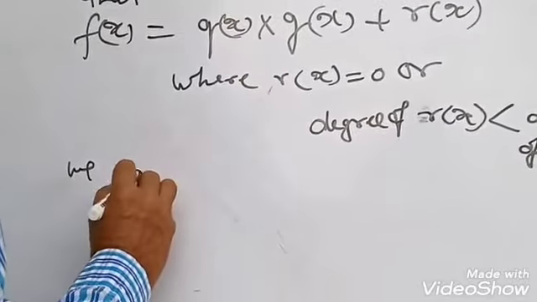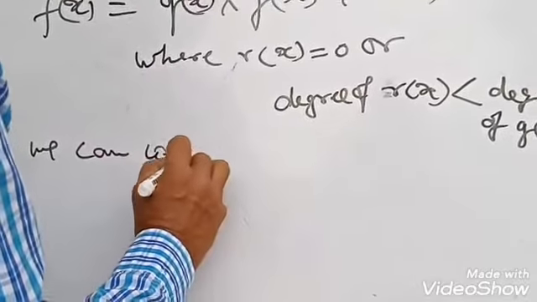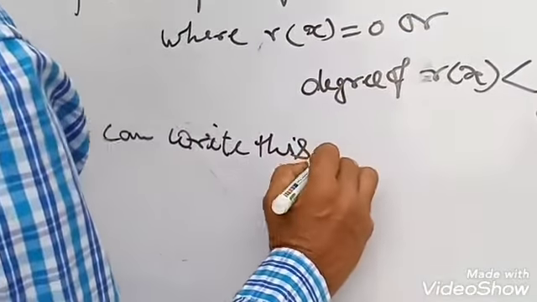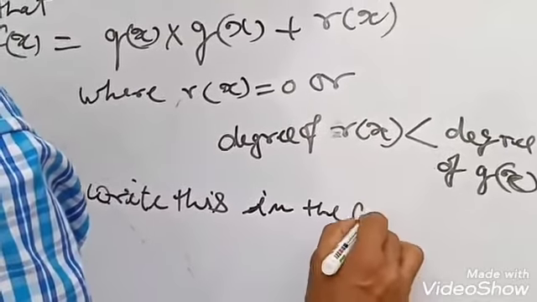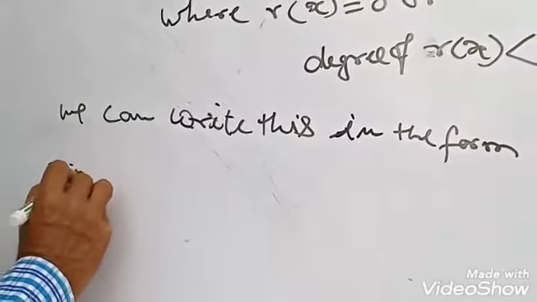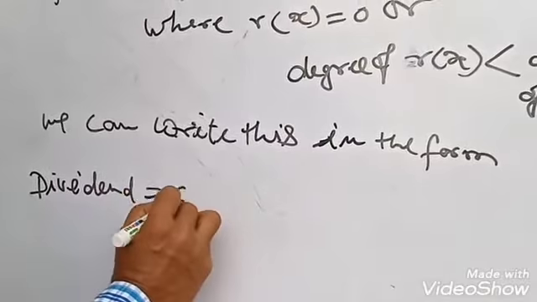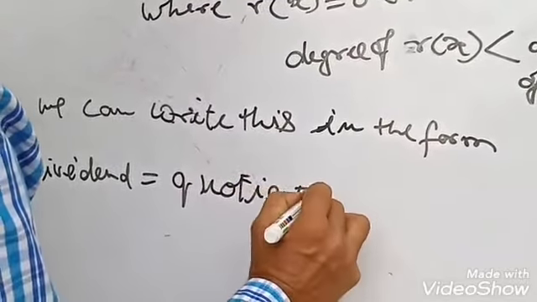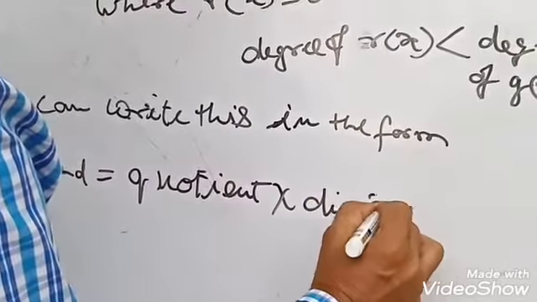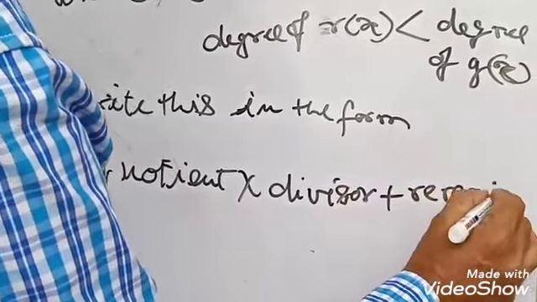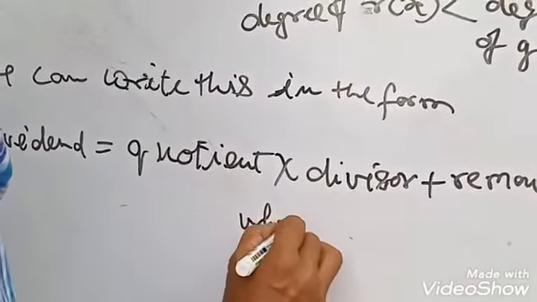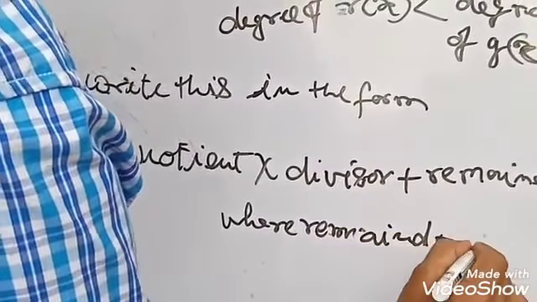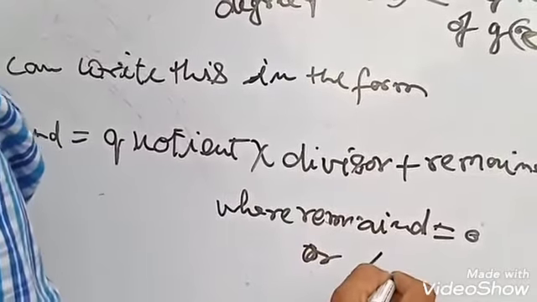We can write this in the form: dividend equal to quotient into divisor plus remainder, where remainder is equal to 0 or less than divisor.